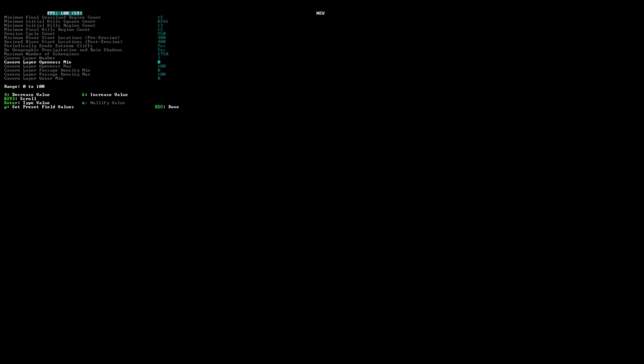Openness is how, when you go into a cavern, sometimes there's only a 1x1 little walkway that you can go through, and not as much openness to it, if you catch my drift. If you set this all the way to 100, the cavern will be completely open, and you'll be able to see everything.